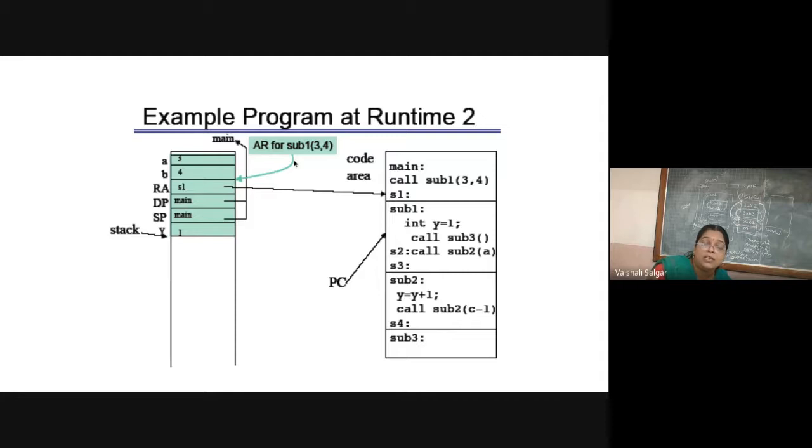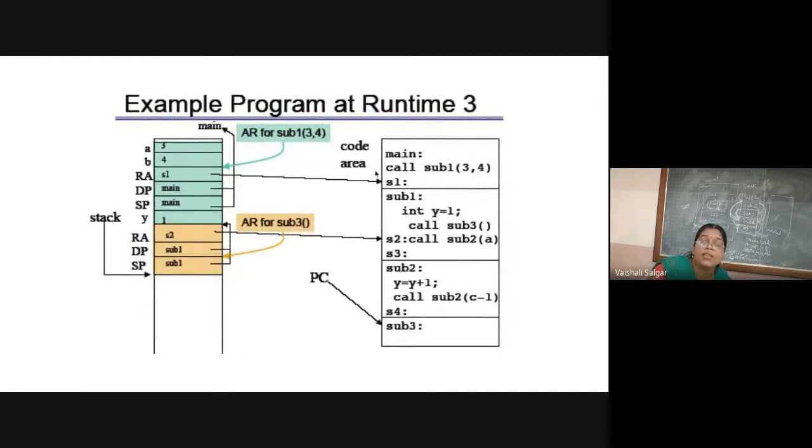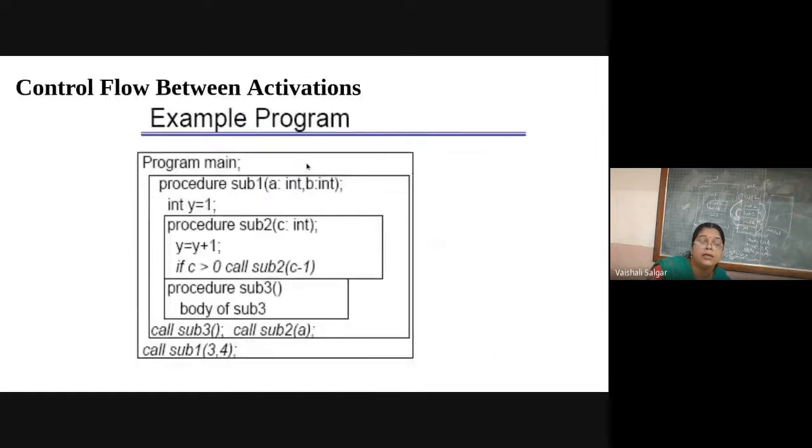Now, what will happen when there is a call to sub3? Over here in my sub1, control will be transferred to the execution of sub1. At that time, it will store the formal parameters as well as the value of y as 1. From this particular procedure, there is a call to sub3, not to sub2.